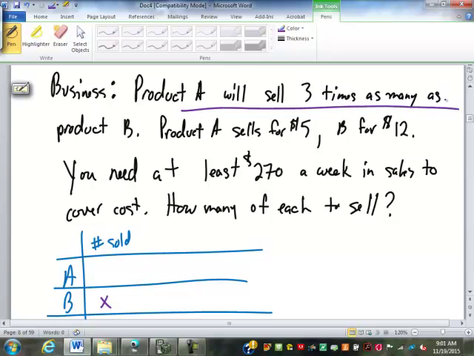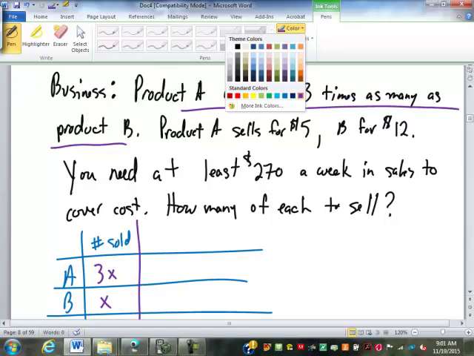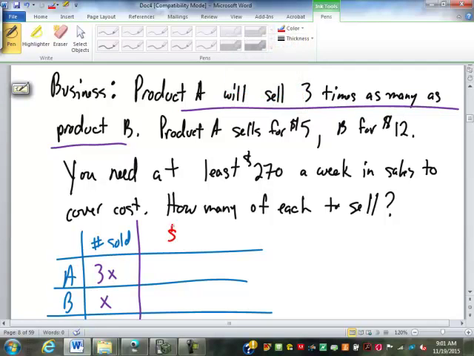Because A sells 3 times as many as B. If I let the number of product B sold be X, that makes A 3 times X. Does that make sense? One of the amounts has to reference the other. The number of A sold is 3 times the number of B sold, so 3 times X.